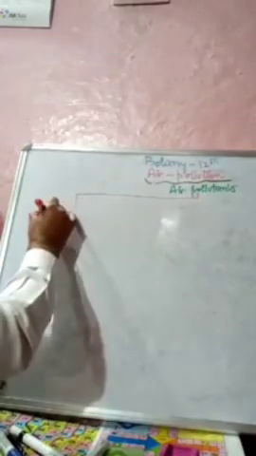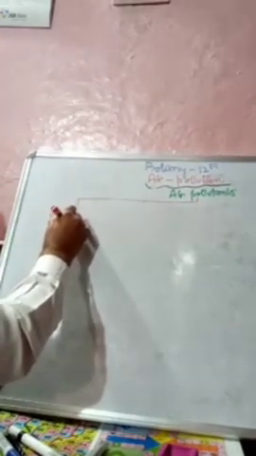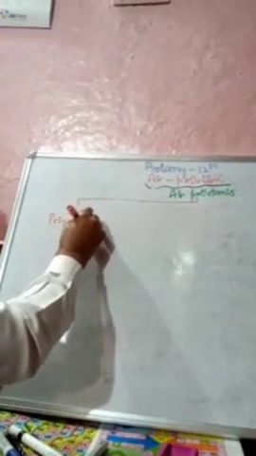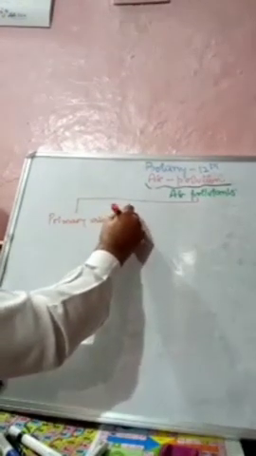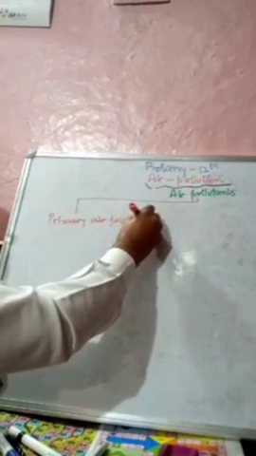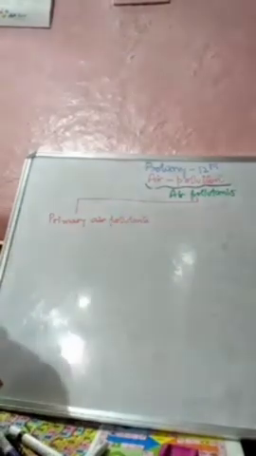There are mainly two types of air pollutants. First one जो हमारे पास आता है, that is called primary air pollutants. In primary air pollutants, we have various types.